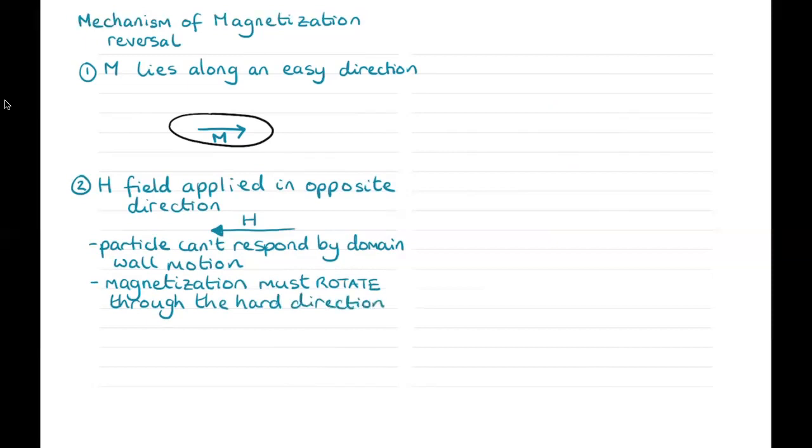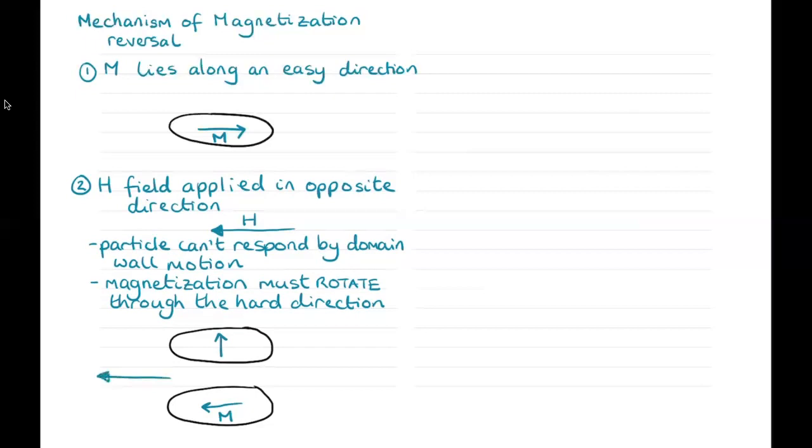And so the magnetization would have to then rotate through the hard axis before it could reorient to the opposite direction from where it started, which is the direction parallel to the applied field.